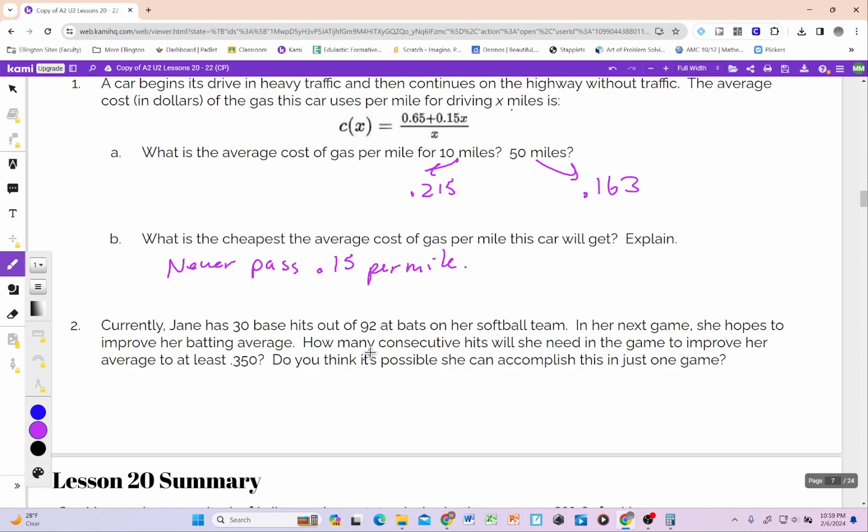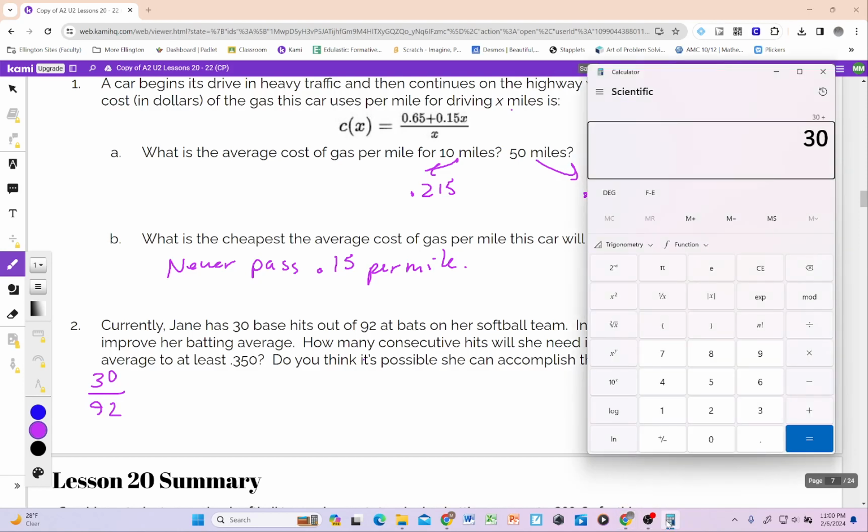Anyway, do we really have to know what 30 out of 92 is? I suppose we don't. But if you were curious, 30 divided by 92 is 0.326.